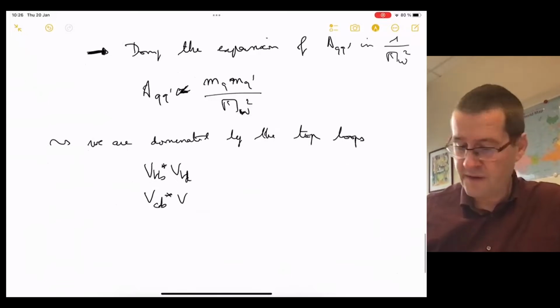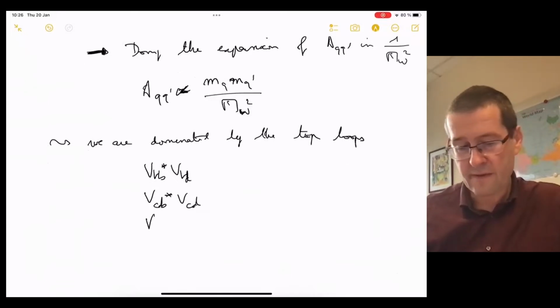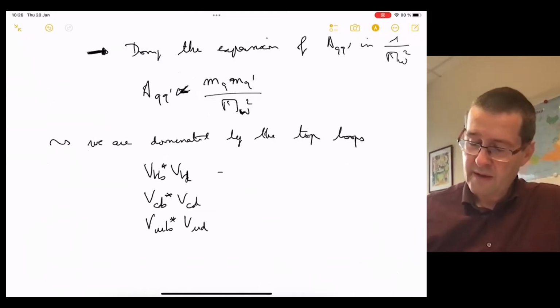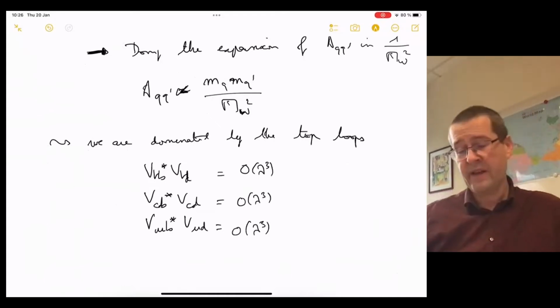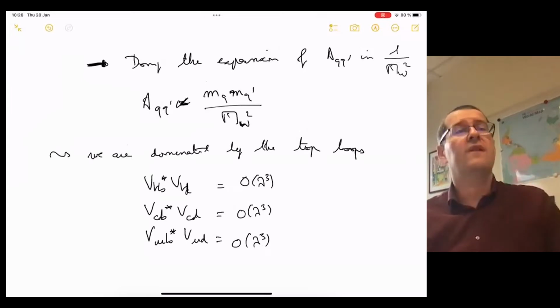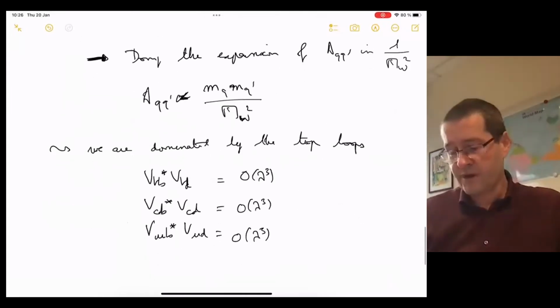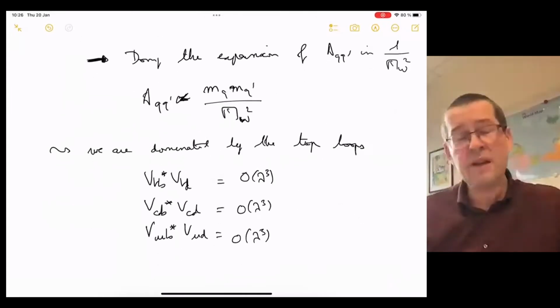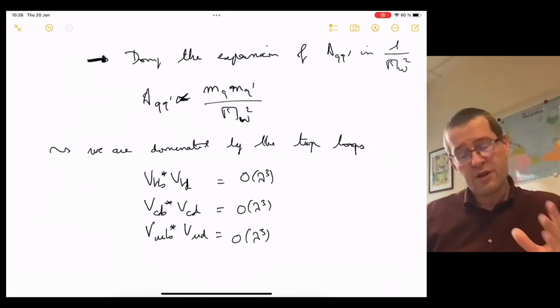If you look at the size in terms of the Wolfenstein parameters, they are all of the same size. Remember, that was one of the reasons we chose to use those products in order to build the unitarity triangle I mentioned last time.